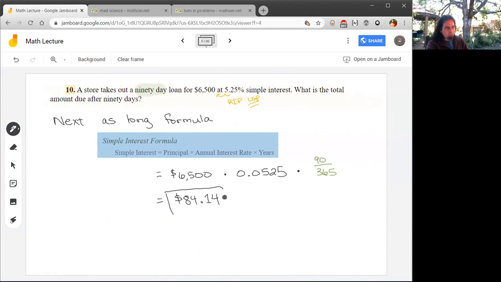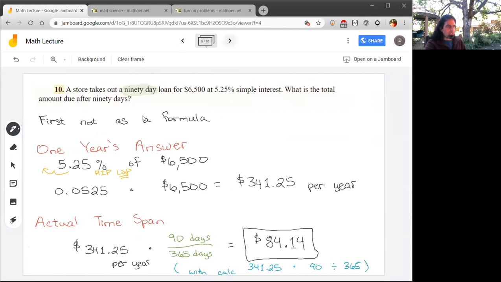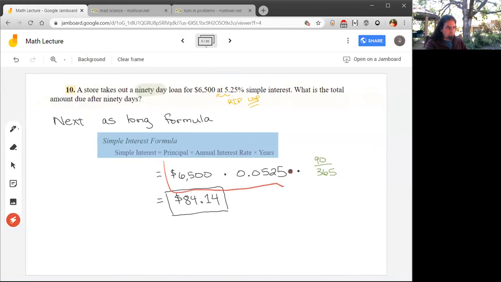So we're writing a whole lot less because we're not reminding ourselves on the page of what's happening. Hopefully we're still thinking in our heads. First, I'm finding a 1 year's answer. That's this part. And then I'm adjusting it for how many years we actually have.